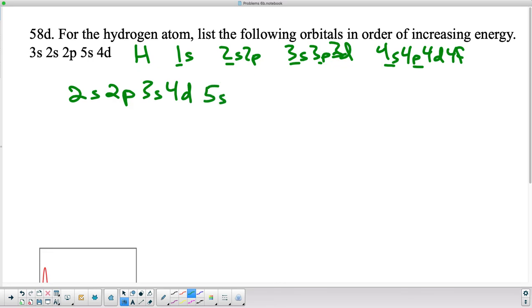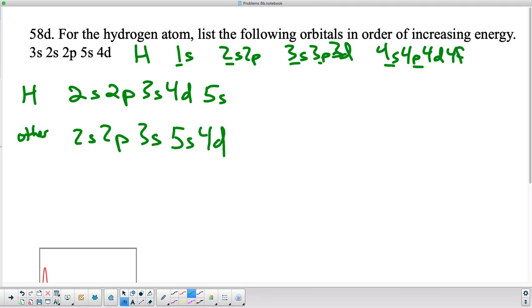Now, if we were talking about something other than hydrogen, that would be a little bit different, because we would have the 2s, the 2p. So this is hydrogen, and this is other than. Then I would do my diagonal rule or follow the periodic table. 3s comes next, and 4d would come after the 5s.